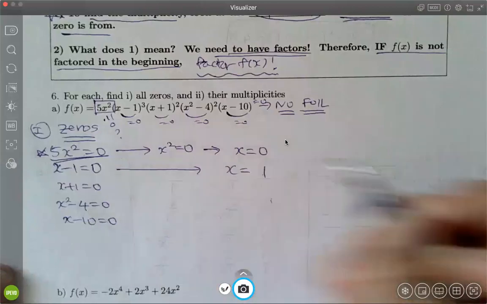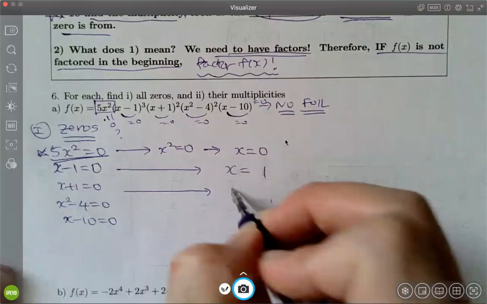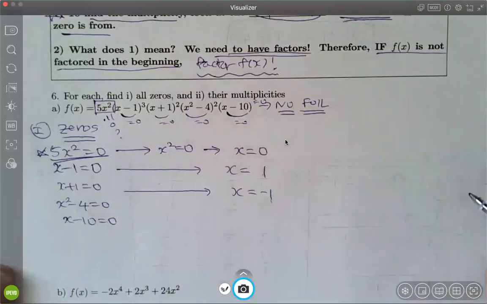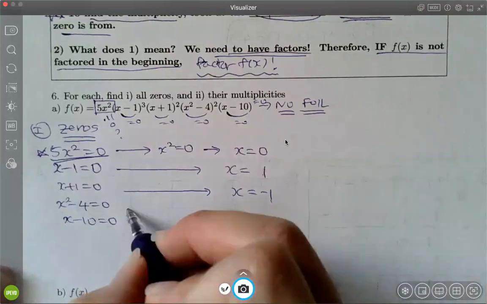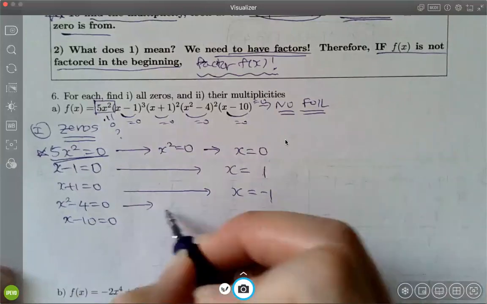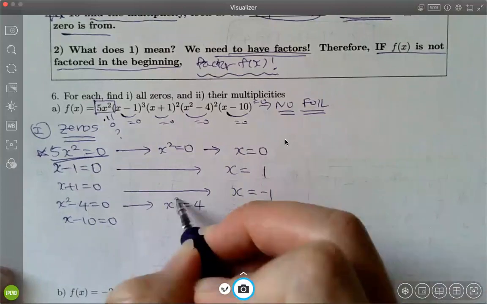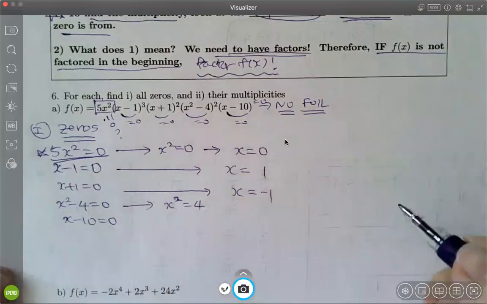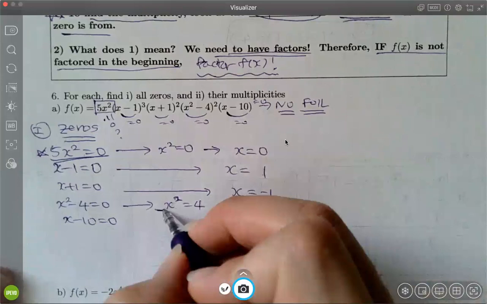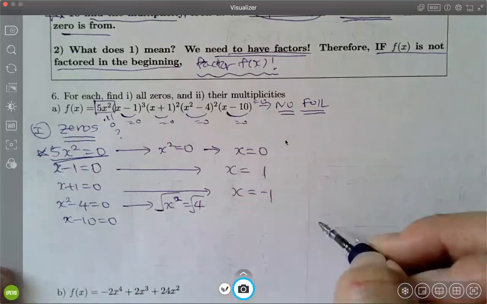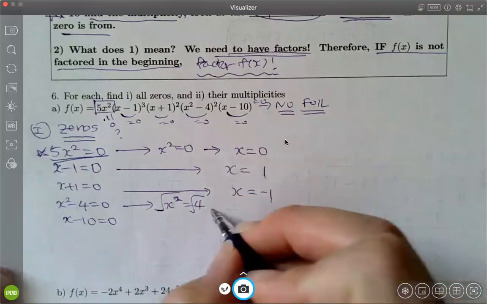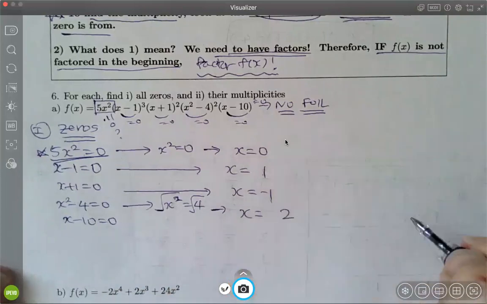And from here, x is equal to -1. Okay, and now from here, what do we do? You add 4, so it's x squared equals 4. And then you take the square root. And so what do you get? x is equal to 2, right?